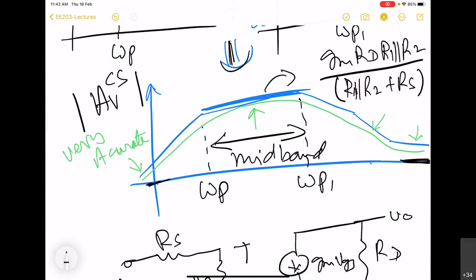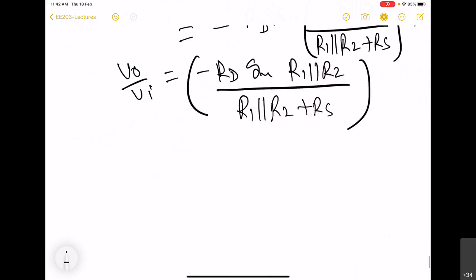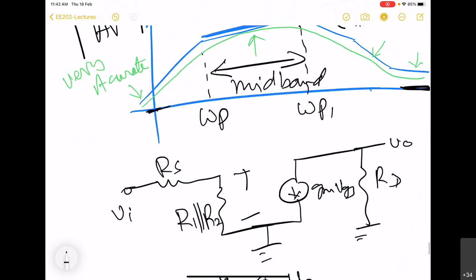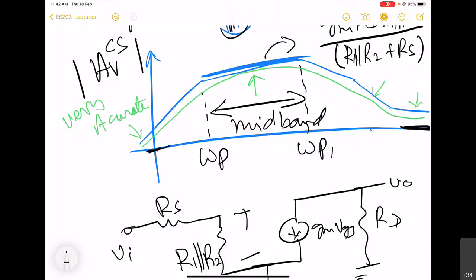Only in this band it will offer the maximum gain, and that is why this gain value that we have obtained is also called mid band gain. If you want to use this amplifier in real life, you should restrict your frequency of operation typically from omega p to omega p1, right?